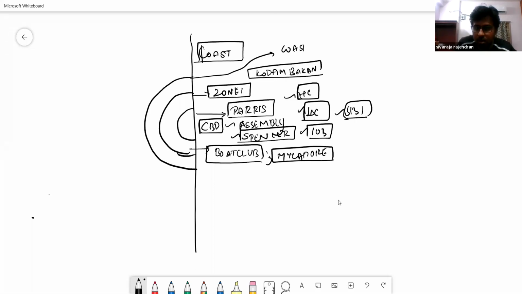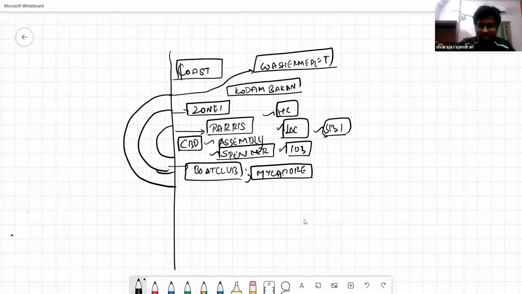You will see something called Washermanpet. Do you know what Washermanpet is? I think it comes in the Arya movie. Yes, for washing they had that. Do you know something called Kottawal Chowdi?